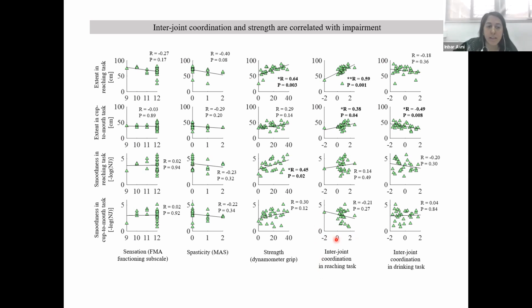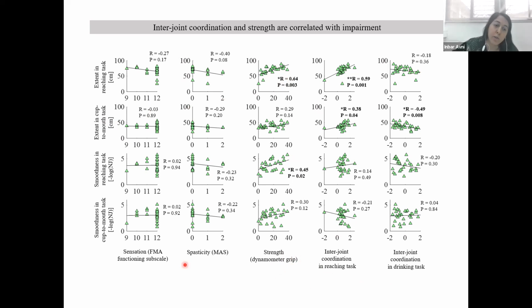And what you can see here is that for the extent, the significant correlations were with the strength measure and also with the interjoint coordination. This was also replicated in a regression analysis that showed that the most significant contributor as a dependent variable is the coordination measures.